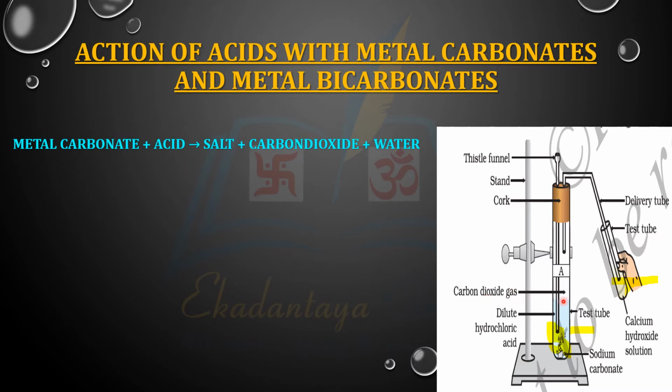Carbon dioxide gas is liberated here. In this test tube, dilute hydrochloric acid is put through the thistle funnel.